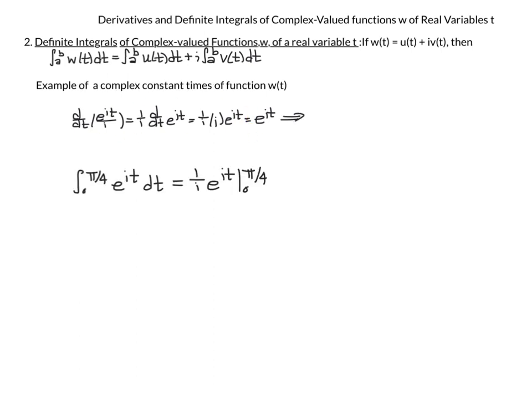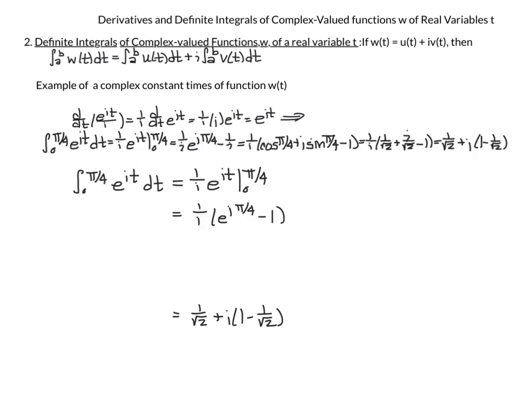Using this, now if we want to integrate from 0 to pi over 4 of e to the it, that's just going to equal 1 over i e to the it evaluated at 0 and pi over 4. I plug in my values, e to the i pi over 4, and then minus 1.